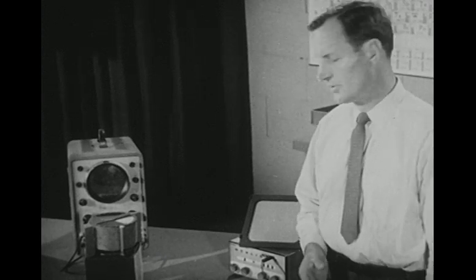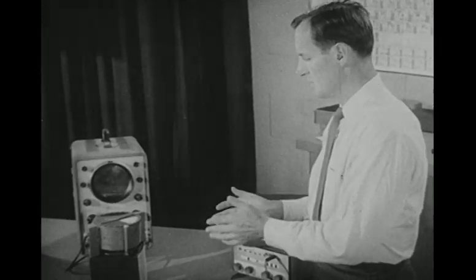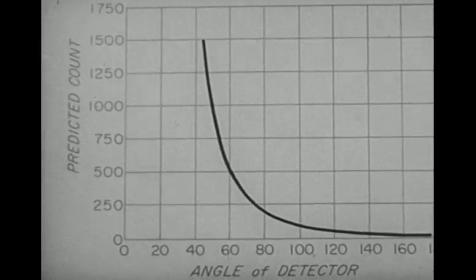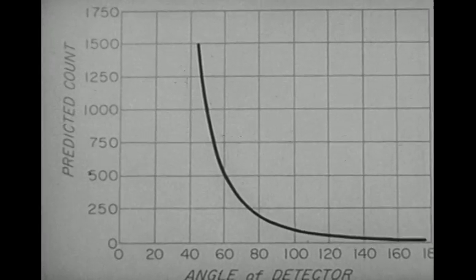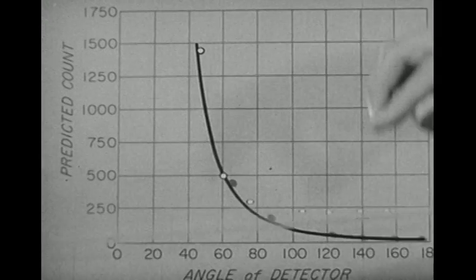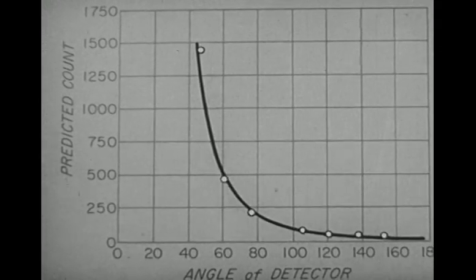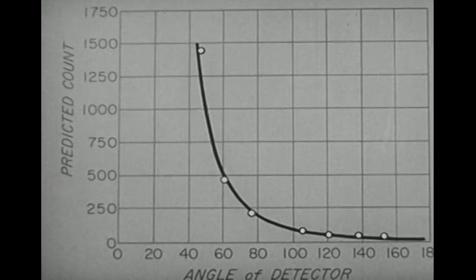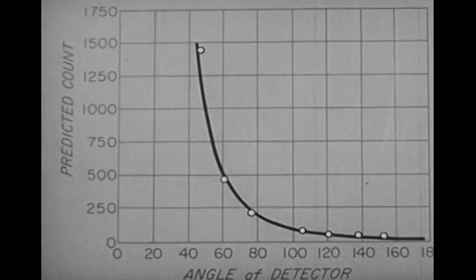After 18 months of painstaking effort, the scattering pattern Rutherford had calculated was decisively confirmed. Geiger and Marsden's counting rates, plotted against their counting angles, fitted the curve characteristic of the 1 over r squared Coulomb force.